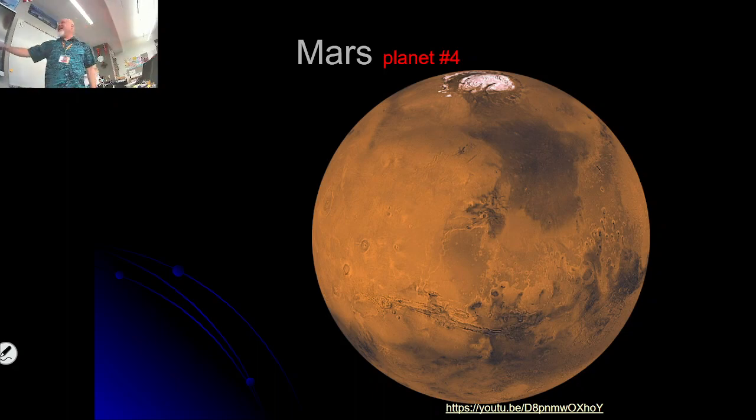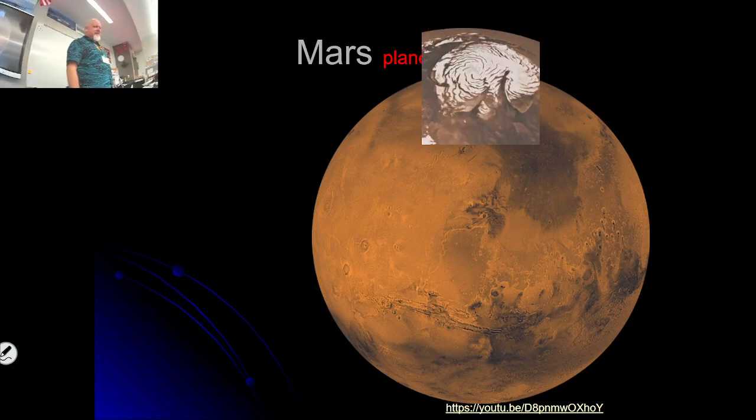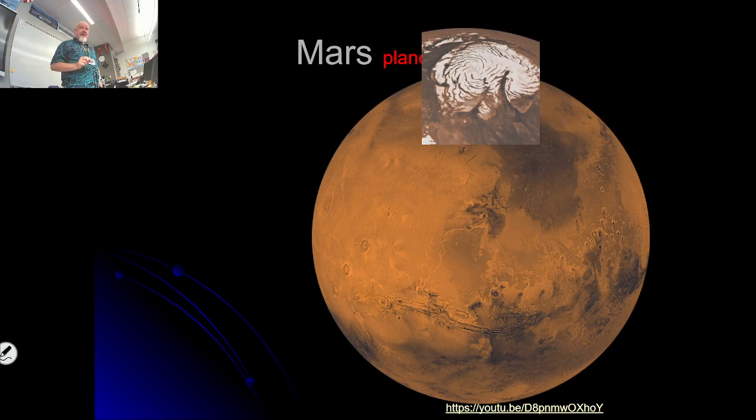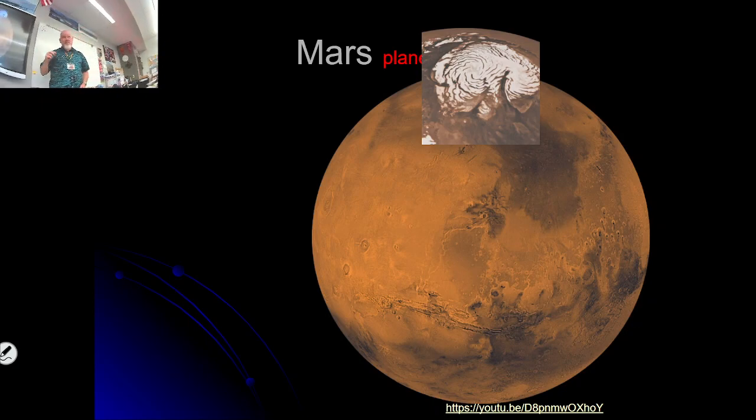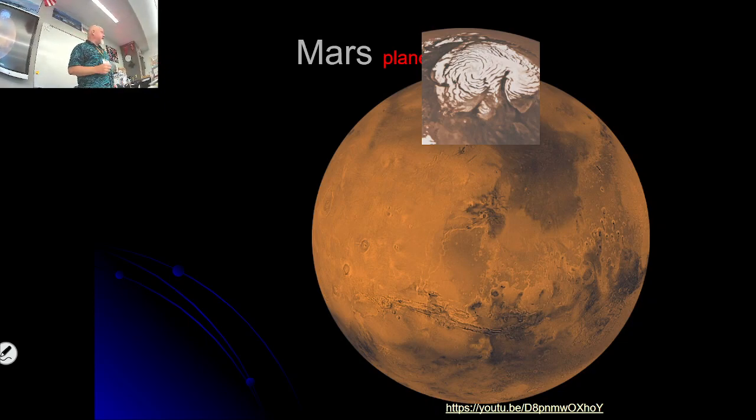Okay. You guys notice at the top, there's a pole. Blow that up there. There's a little pole at the top there. That is an ice cap, just like we have an ice cap, but it's a little bit different. It's so cold up there that the carbon dioxide, which is mostly what Mars has, has frozen.